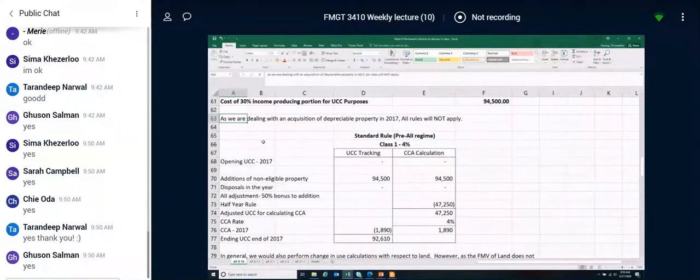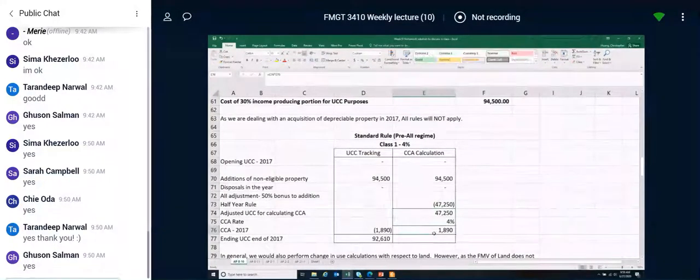So remember, we are right now in 2017. The AII regime does not yet exist. So you would put 94.5 into UCC, and you would apply half year rule.